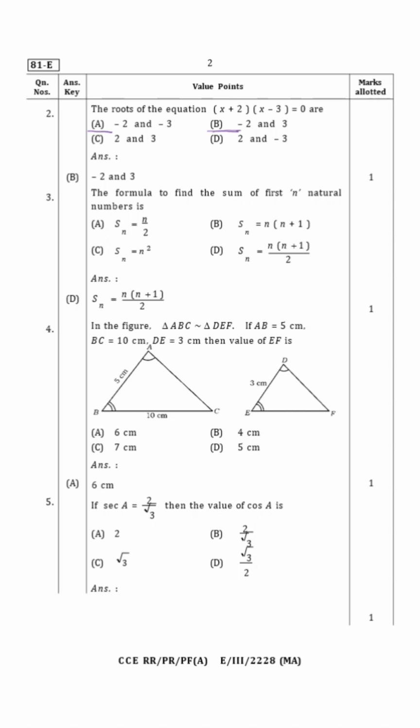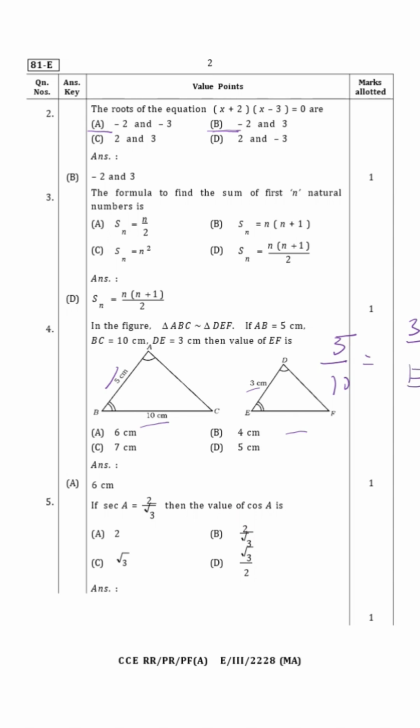In the figure, triangle ABC is similar to triangle DEF. If AB is 5 cm, look at the figure, BC is 10 cm, DE is 3 cm, then EF is equal to. 3 by 10 is equal to, not 3, it is 5. 5 by 10 is equal to 3 by EF.